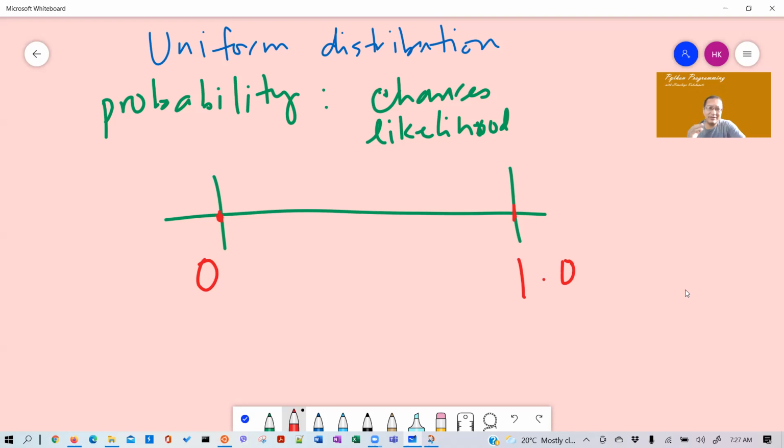Probability 1 means it's absolutely certain, there's no doubt, absolute certainty. It's not going to rain at all, right?